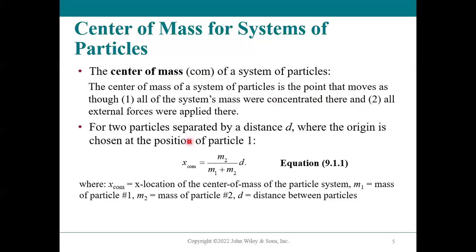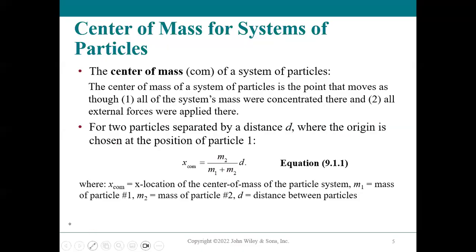For two particles separated by a distance d, where the origin is chosen as the position of particle one, we can say that x_com equals m2 divided by m1 plus m2, times d.